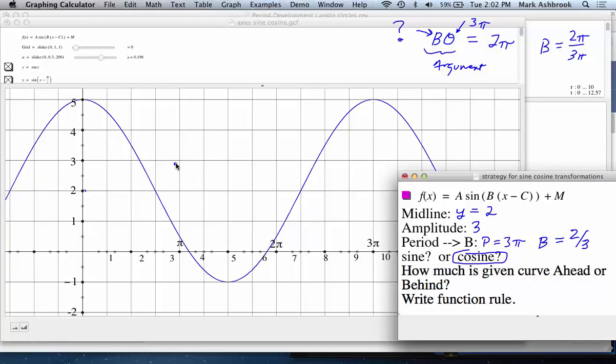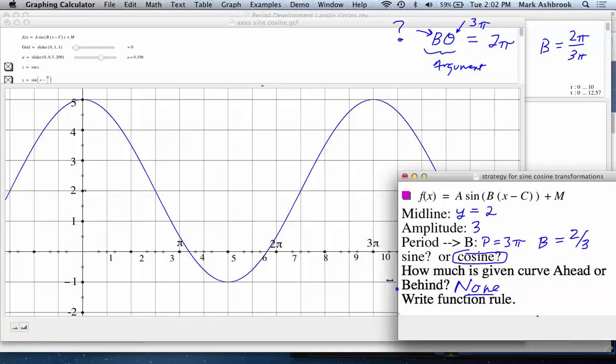Yeah, it would be right on. So if we sketch cosine, it would be right on top of the blue curve. So none. So if we choose cosine, it is cosine, right? So now we're ready to write the function rule.